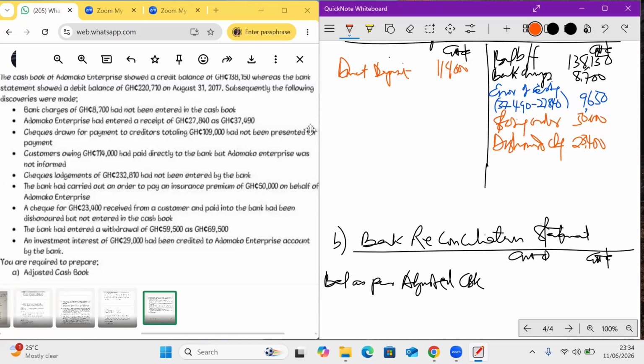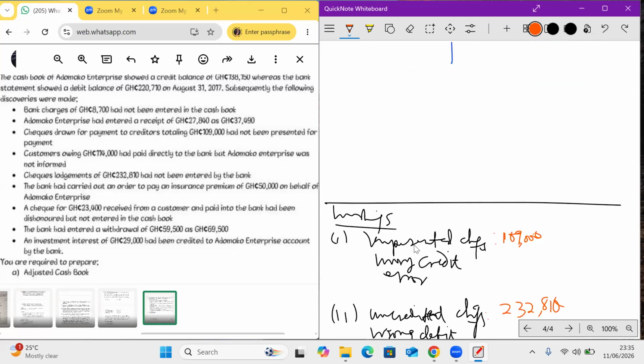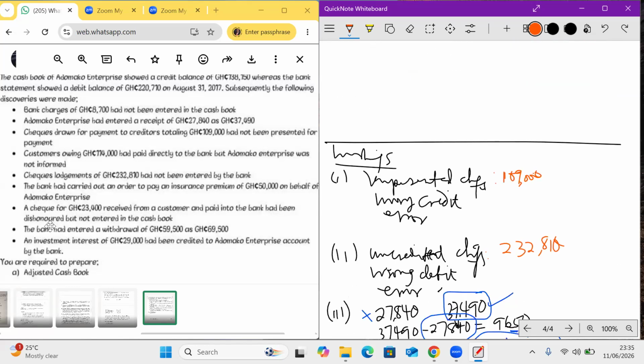If it's the bank statement having the issue, what is used to correct the bank statement? The BRS. Pay attention here. Now here it is an error. We are going to check whether it is an error under unpresented checks or under uncredited checks. The bank never makes mistakes, mostly.